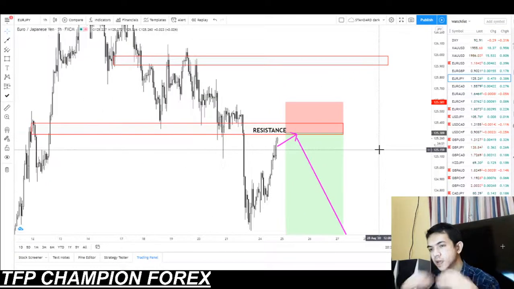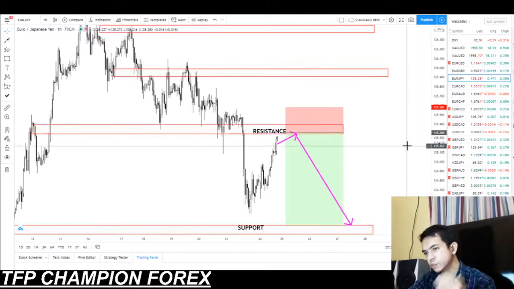Right? So that is how I analyze the market using basic what? Key levels of significant resistance, support, key levels or zones, and using just price action and market structure. So trading shouldn't be complicated.